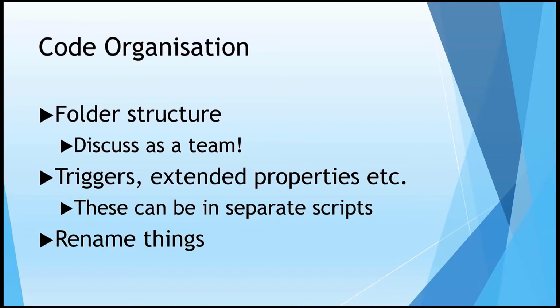You can also take certain objects that usually hang off other objects, like triggers or extended properties, and put them in their own script. So the standard in Visual Studio is for a trigger to be in the same script as the table it hangs off, but you can move it out into its own script. And by doing that, you can maybe have a script for table A and then another script called table A_triggers.